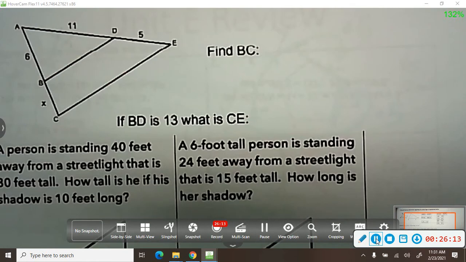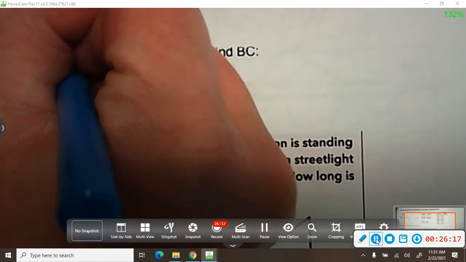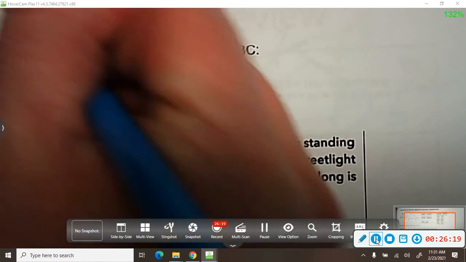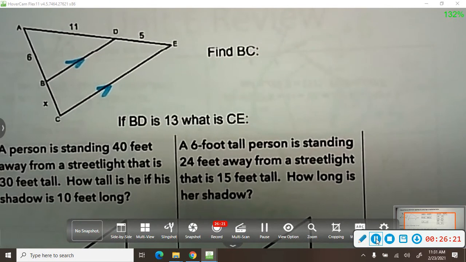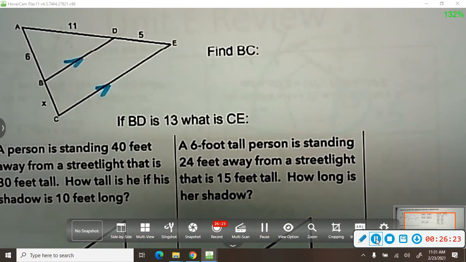Alright, we have to know that these lines are parallel, otherwise we can't do anything. So let's say these are parallel. Then that means the triangles are similar. And so sometimes it helps to draw two different triangles.